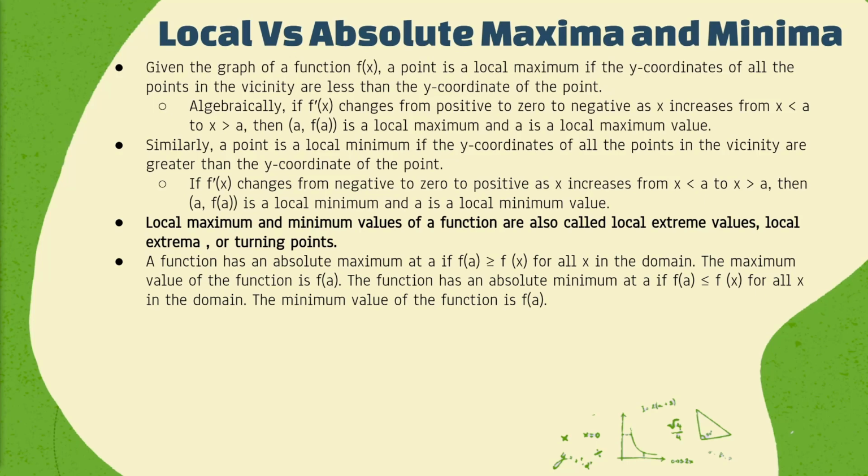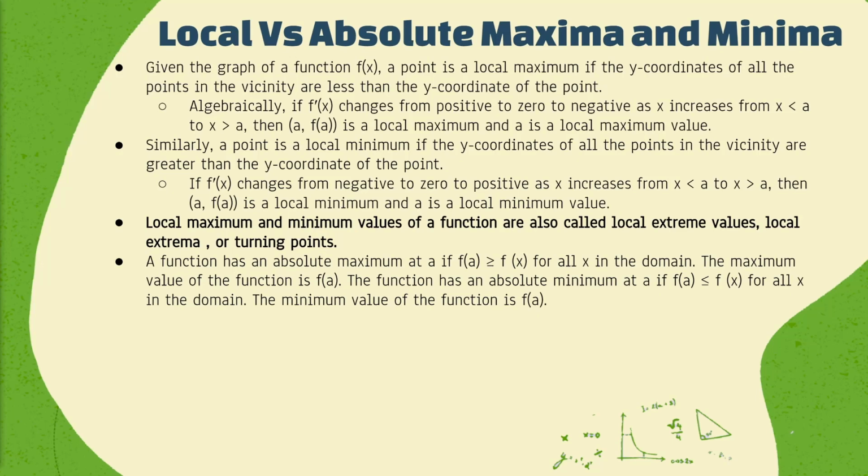Similarly, if you want to find what a local minimum is, you need to find the y-coordinates of all the points in the vicinity, and see which one is the smallest. So if you have a very small point and everything else around it is greater than it, then that is your local minimum.